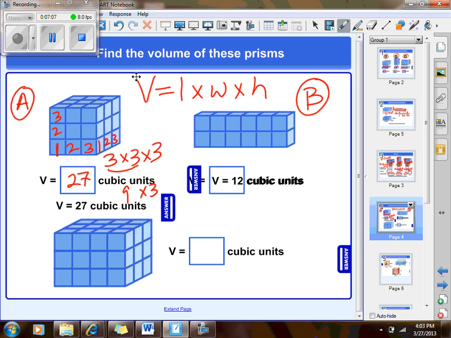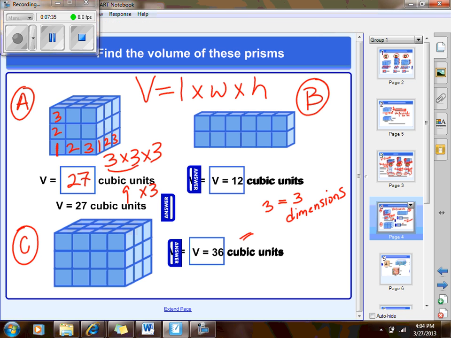And if we label the final prism C, I'll pull the answer across, and you should have come up with 36 cubic units. Again, the cubic means to the third power. Cubic means 3 dimensions, if you will.